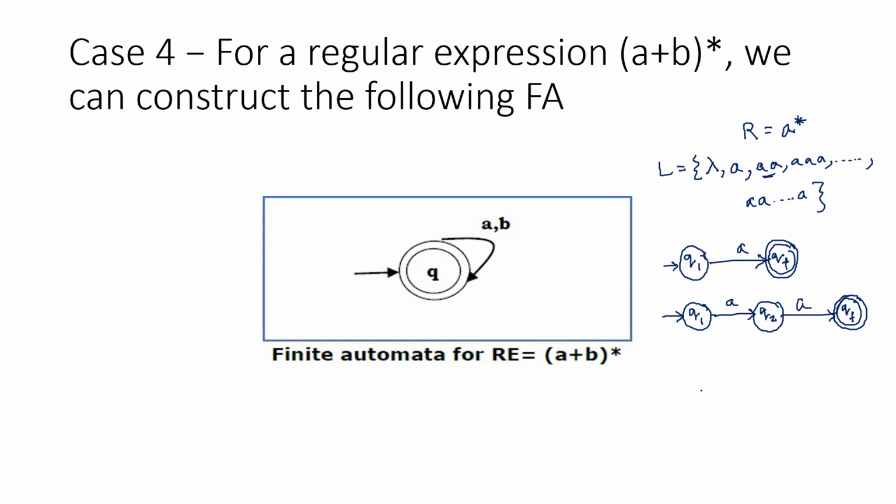Rather you can do one thing: you can keep this A as a self loop in a particular state. Say for example, you are in Q1, and you will have a self loop for A. That means as soon as you are in Q1, you will remain in Q1.